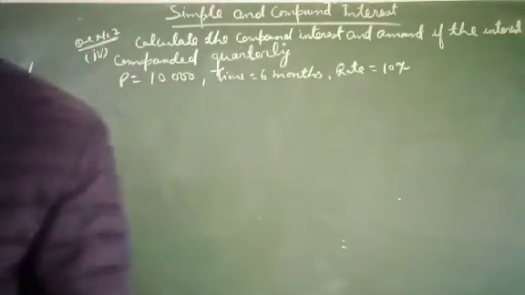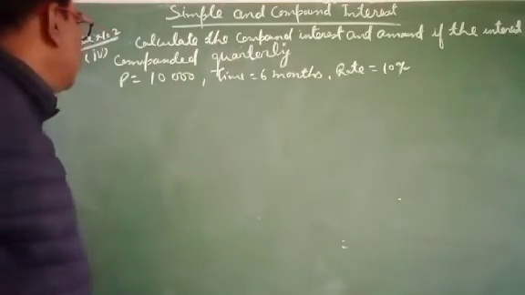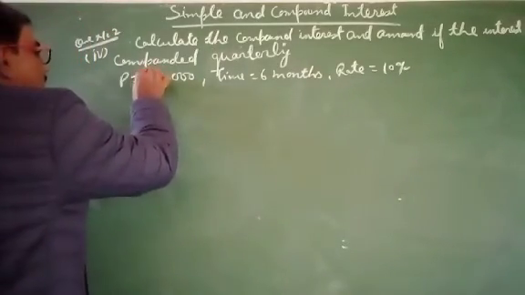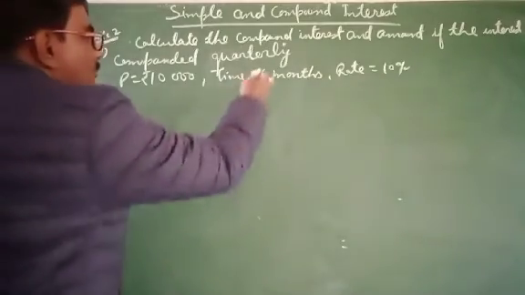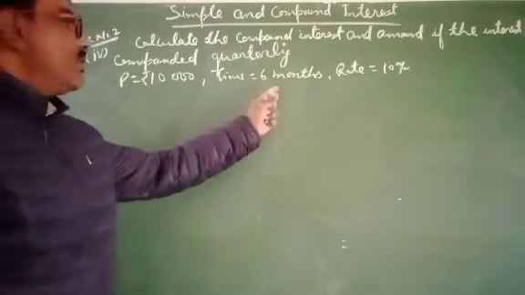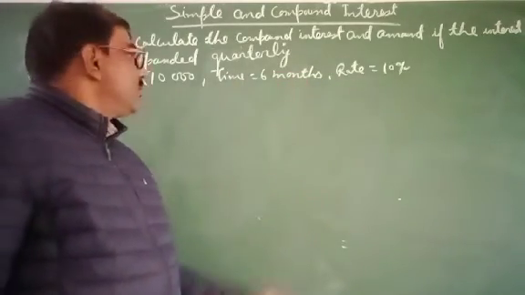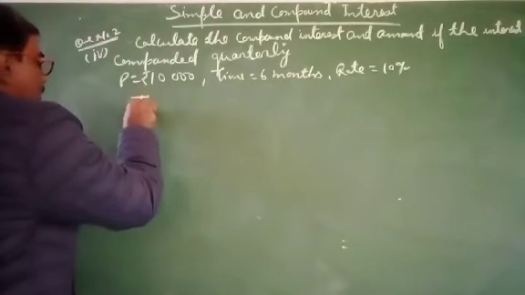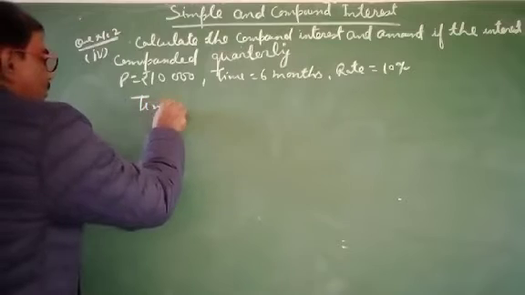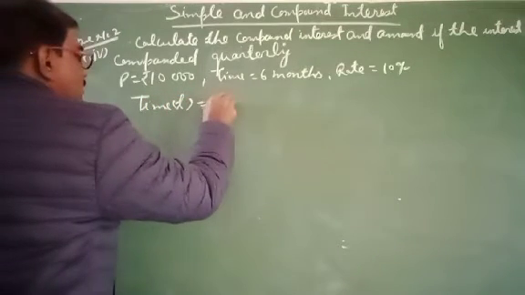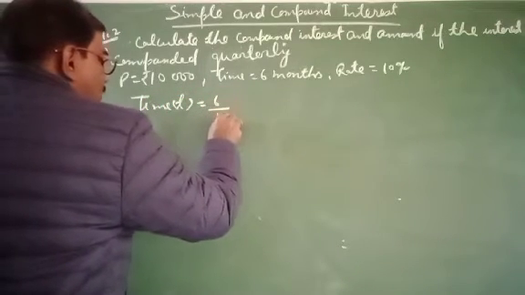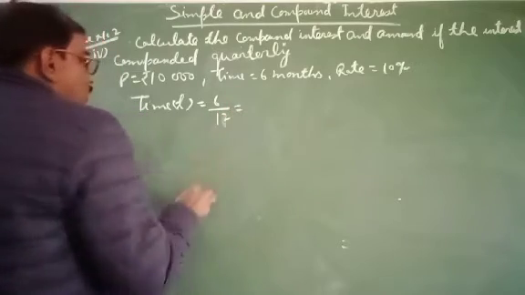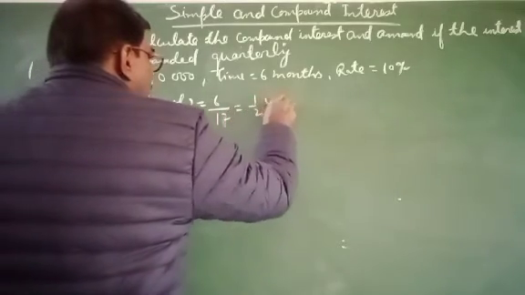Now here principal is rupees 10,000 and time equals 6 months. So first of all I will convert time into years. So time T equals 6 upon 12 equals 1/2 year.